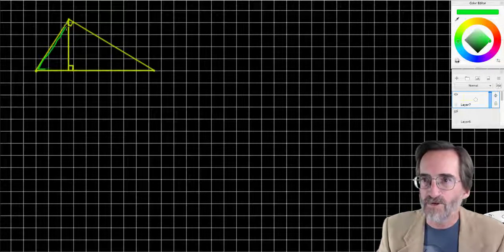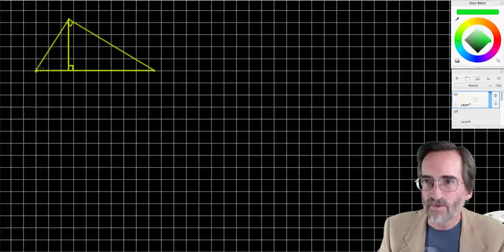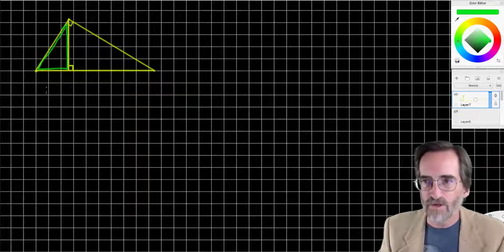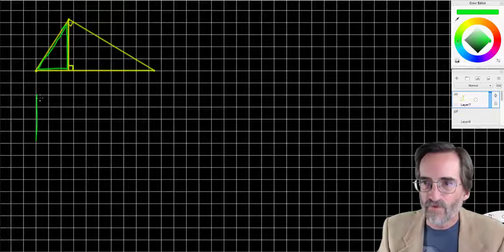There's a small triangle, which I'm going to redraw over here, but I'm going to flip it. About like that. Just sketching.